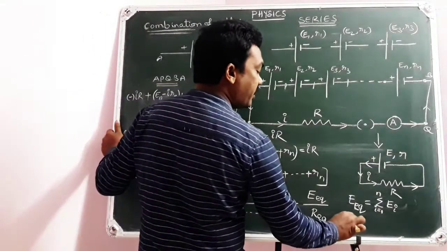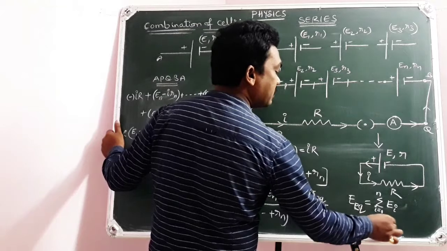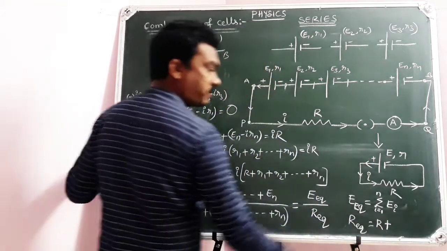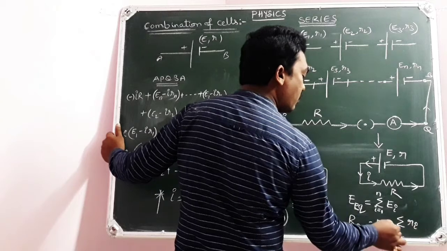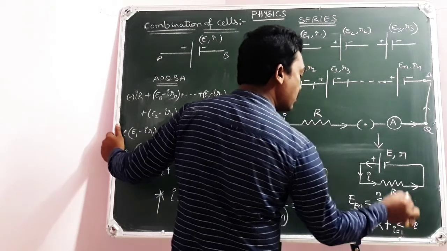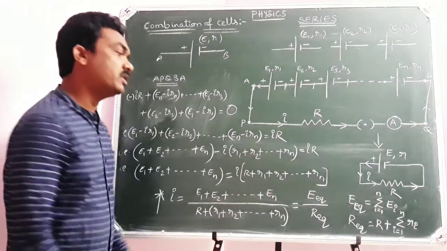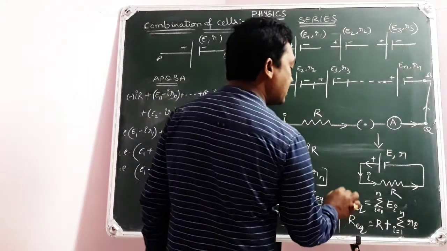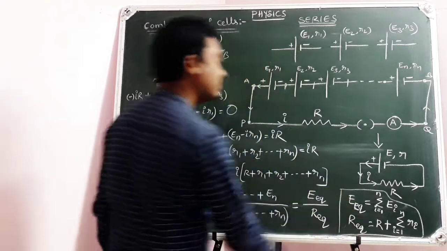And the equivalent resistance is going to be R plus sigma Ri, where R is the external resistor and i equal to 1 to n. You know, sigma is the notation for addition. That is how you can write equations for equivalent EMF and equivalent resistance in series combination.